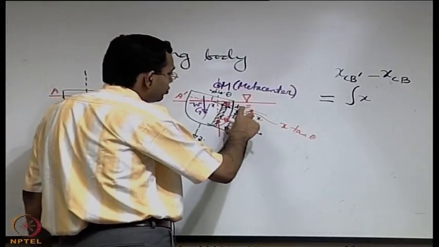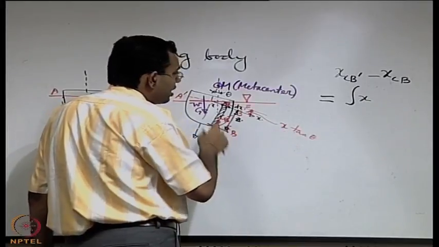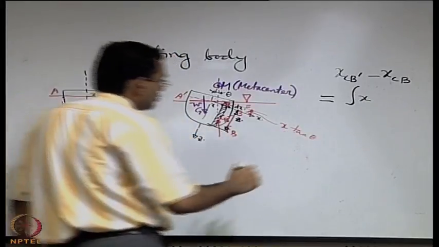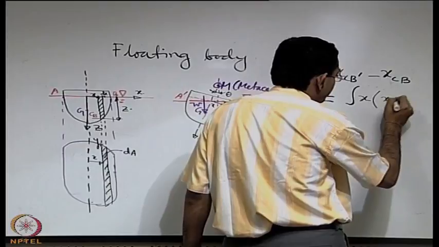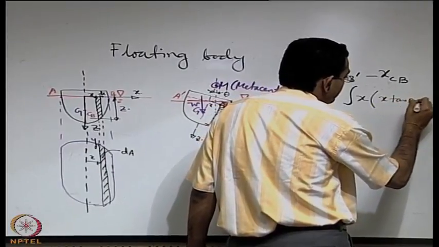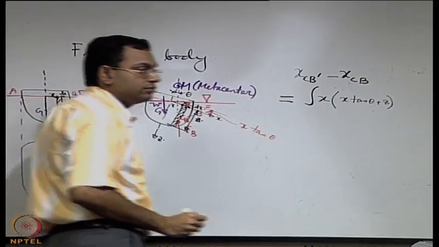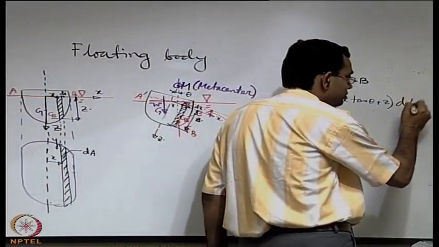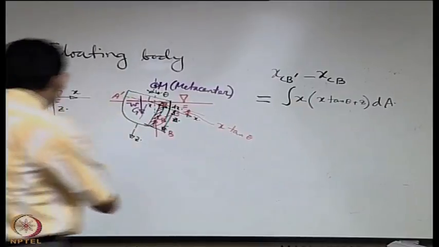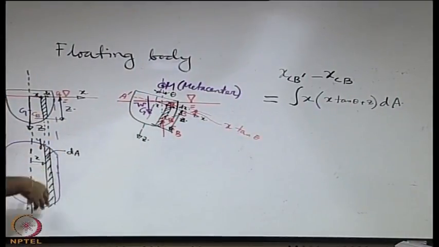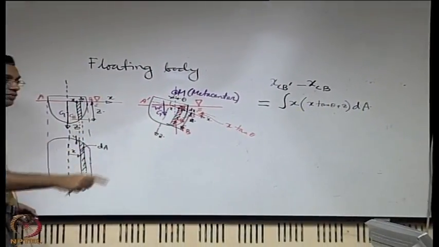So you have this total height as x tan theta plus z, times dA. dA is the area in the other view. So the depth times the dA is the volume.